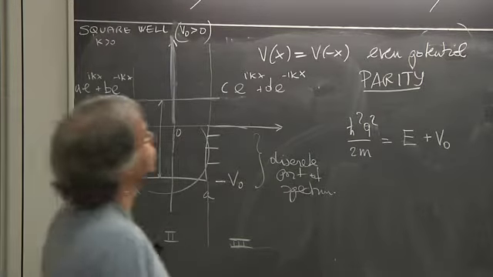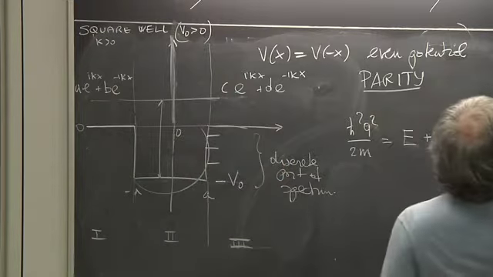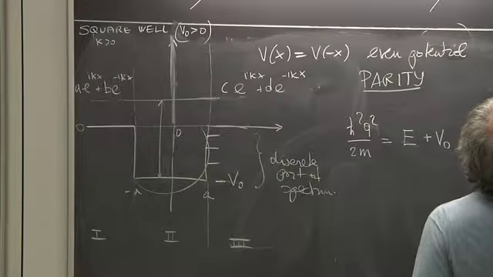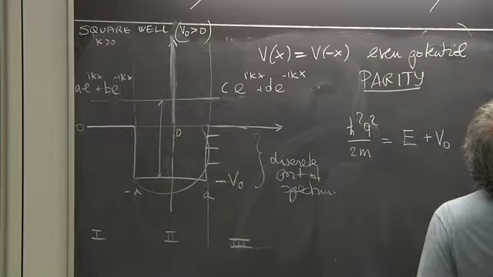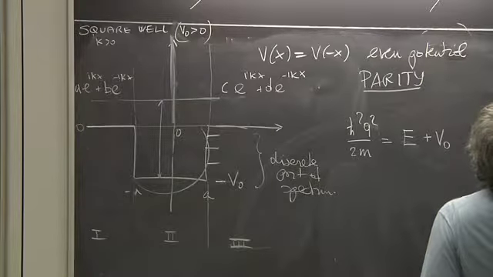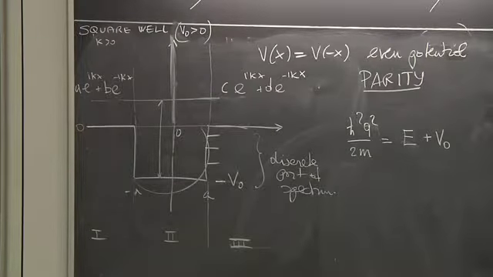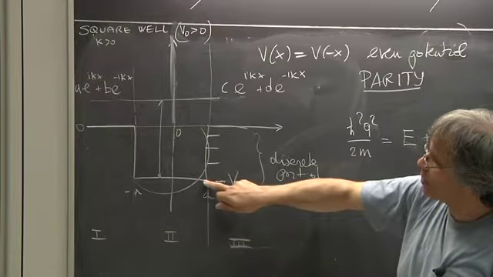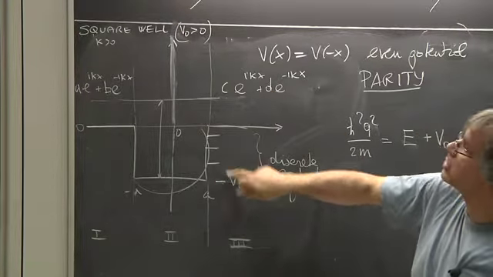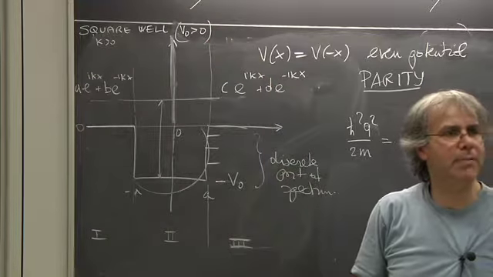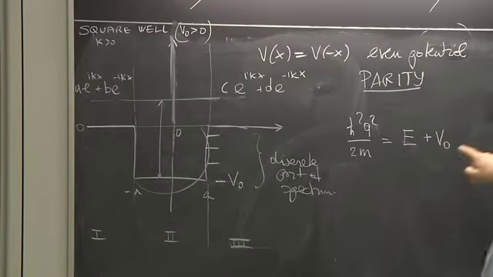Okay? Notice the potential appears in the second derivative. If I bring the potential on the other side, I have E minus V. But I have selected the potential here to be minus V0 because I want V0 to be a positive number, and this is the reason why here I get E plus V0.